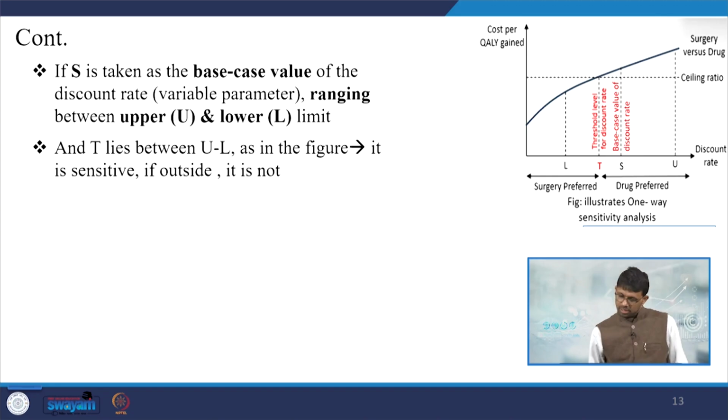We have also mentioned starting with the base rate of S, and the upper limit can be reached with certain discount rates. But when the threshold is attached, we can decide whether surgery or drugs are preferred. Okay, and if T lies between U and L, then it is actually sensitive. If outside, then of course it is not.